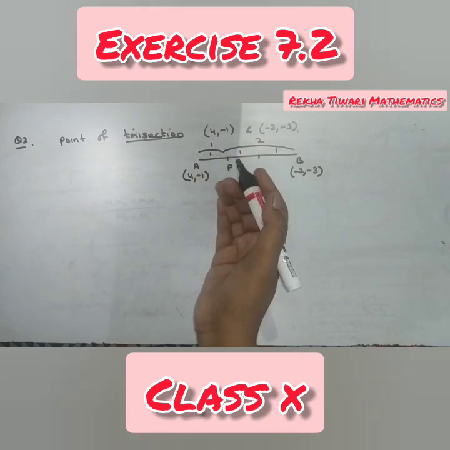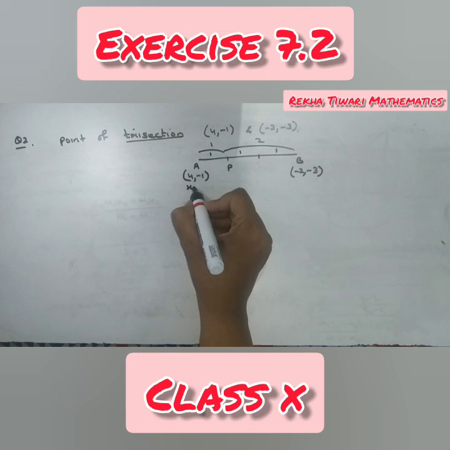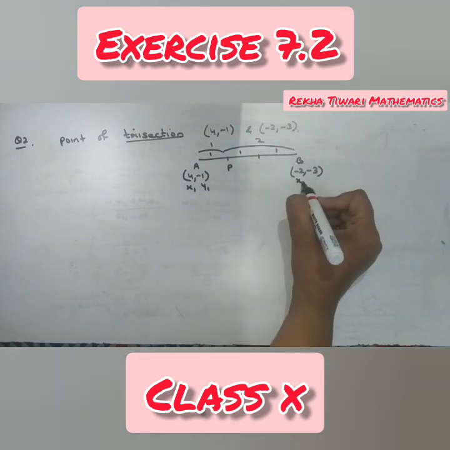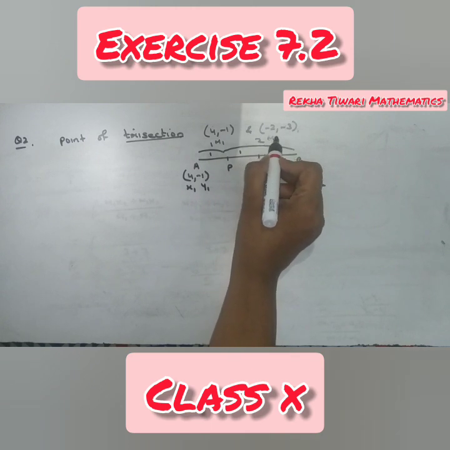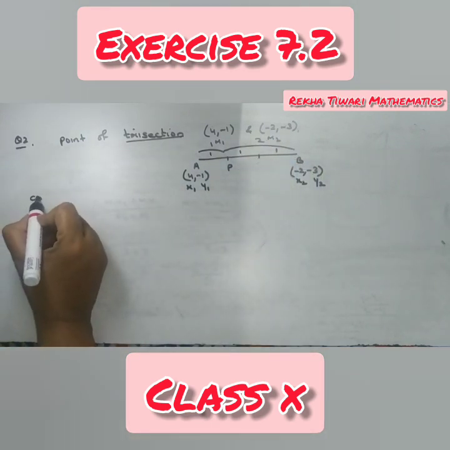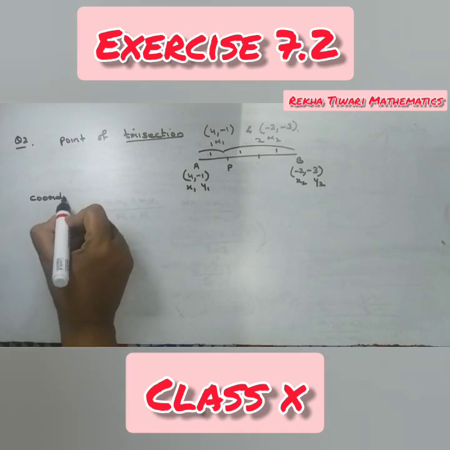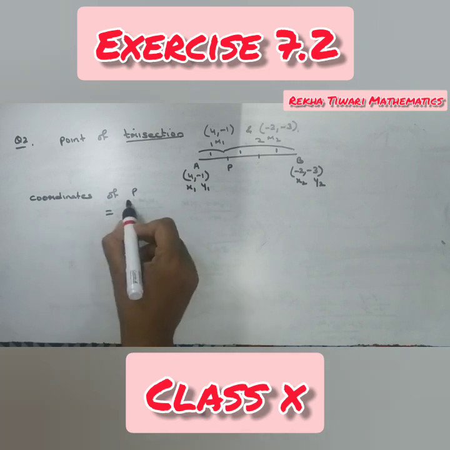It becomes the same question as we did in question number 1. Take this as x1, y1, this one as x2, y2, this is m1, this is m2. So coordinates of P, use the section formula.